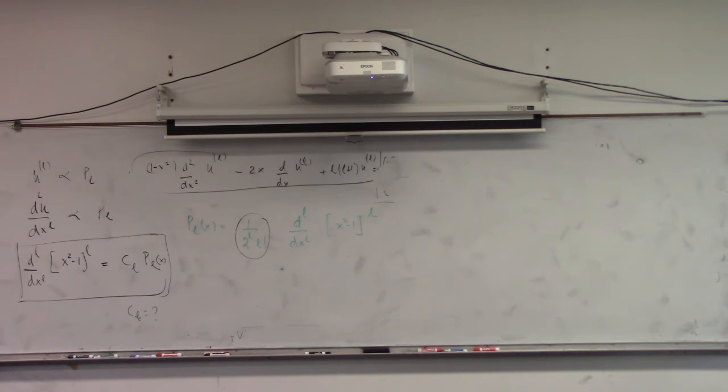What properties do you know of Legendre polynomials? The integral of it from -1 to 1 with L squared needs to be equal to... I'll find my notes in a second.